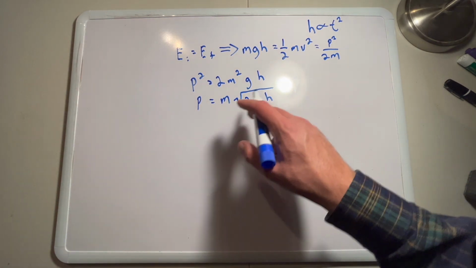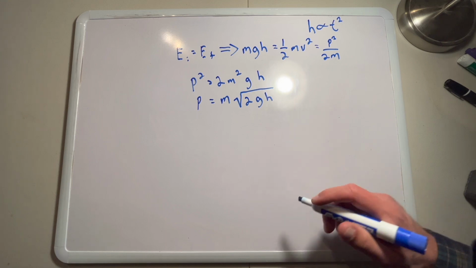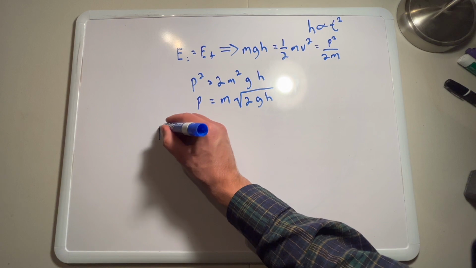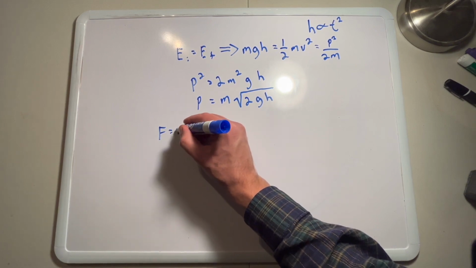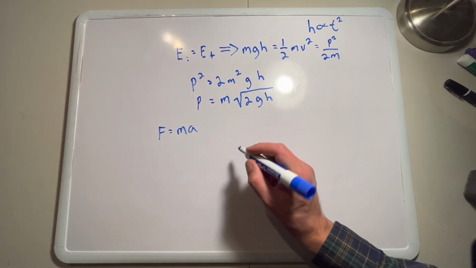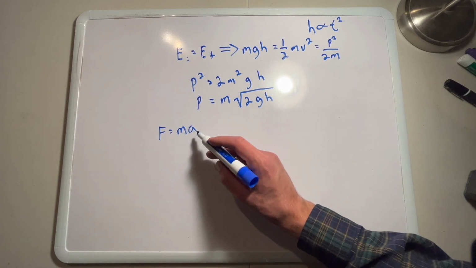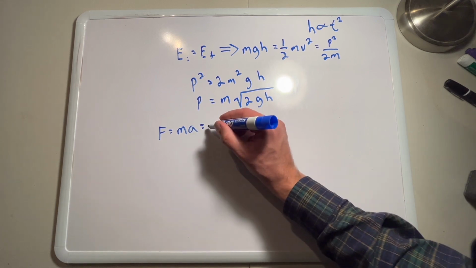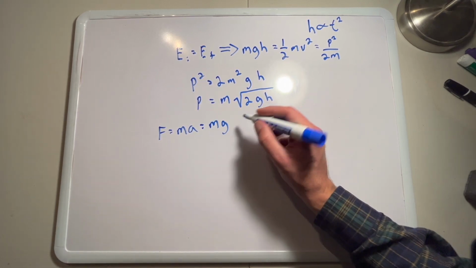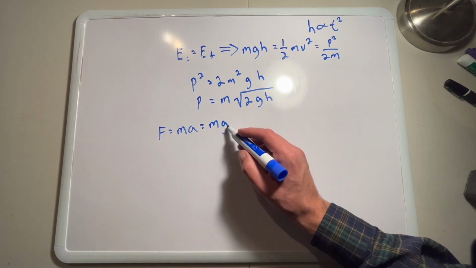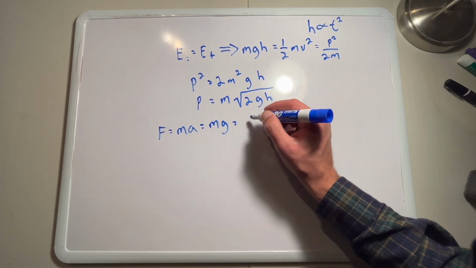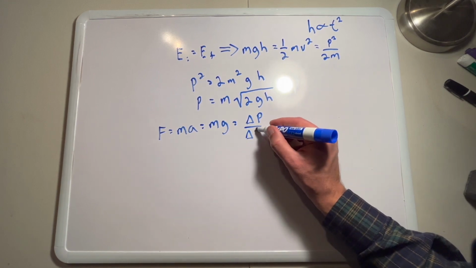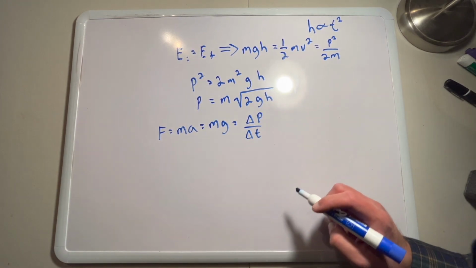Now, let's go ahead and bring this over to Newton's second law, which again we had, F equals ma, but in this case, a is gravitational acceleration, right? So let's go ahead and write mg, gravitational acceleration, that is equal to change in momentum over change in time.